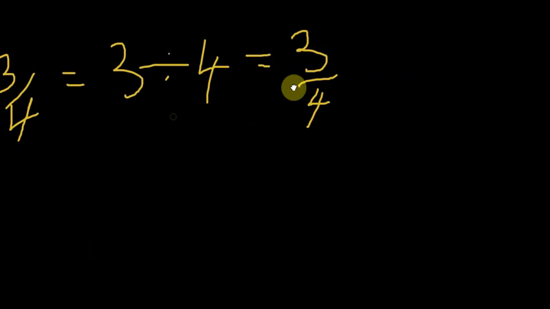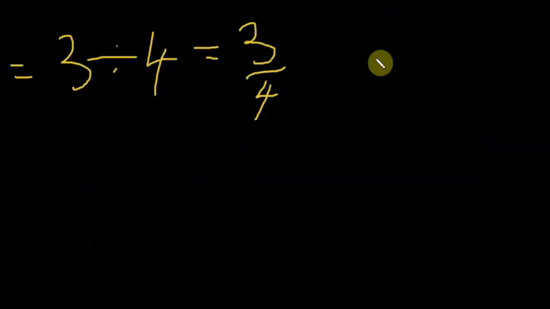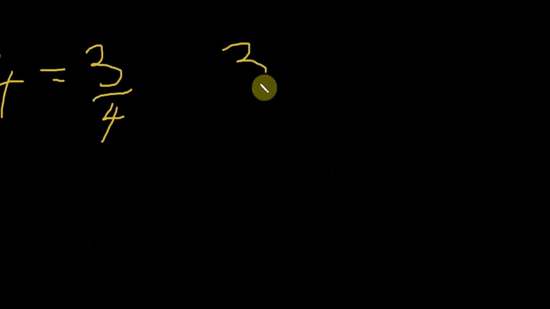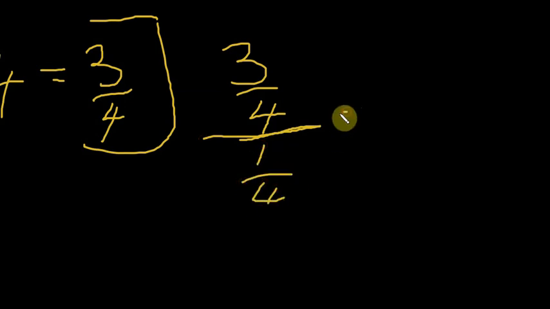So if we have 3/4 divided by 1/4, that means 3 divided by 4, divided by 1/4.